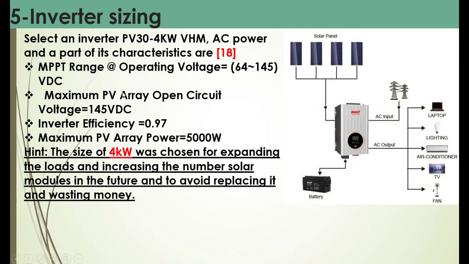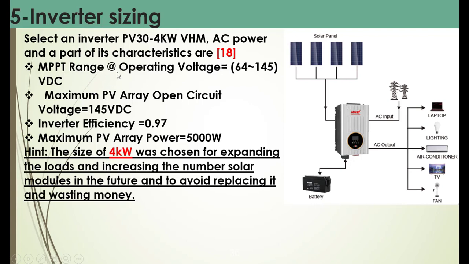Okay. Now let us select the suitable inverter for this case. Our selection is a 4 kilowatt PV inverter, type VHM AC power, and part of its characteristics will be shown in the next slide.